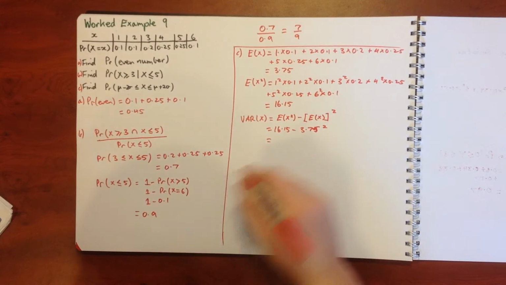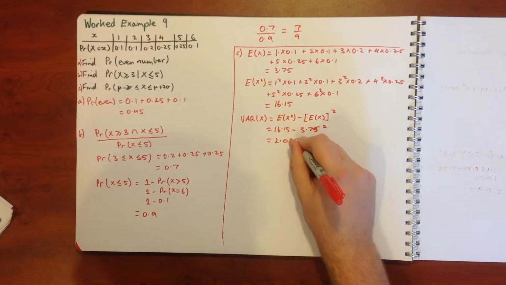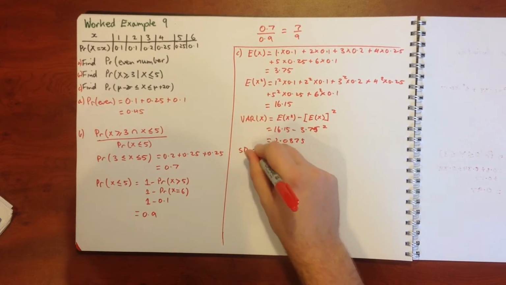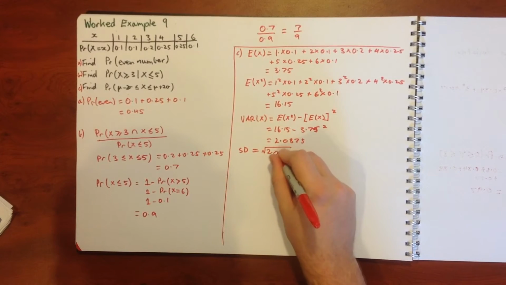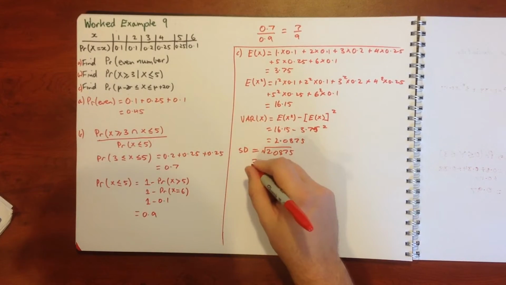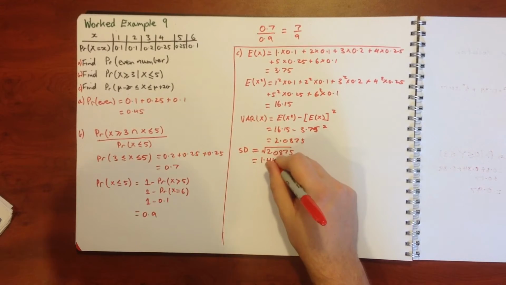When we do that, we get the variance of 2.0875, which means our standard deviation is the square root of that, which gives a standard deviation of 1.4448.